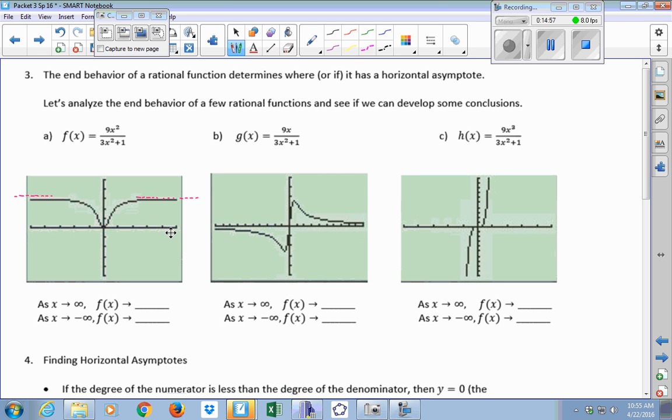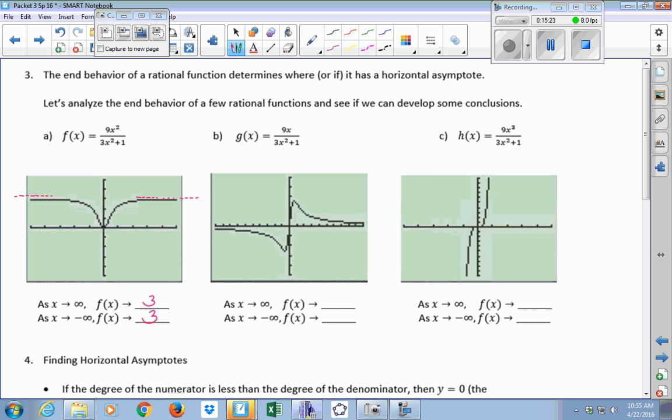Being 3 is my goal, as I go out in the positive and negative direction. So if I were doing this symbolically, I would say as x gets really, really big, moves towards positive infinity, the value of my function approaches 3. And as x moves towards negative infinity, it also approaches 3. And that's what that graph shows me.